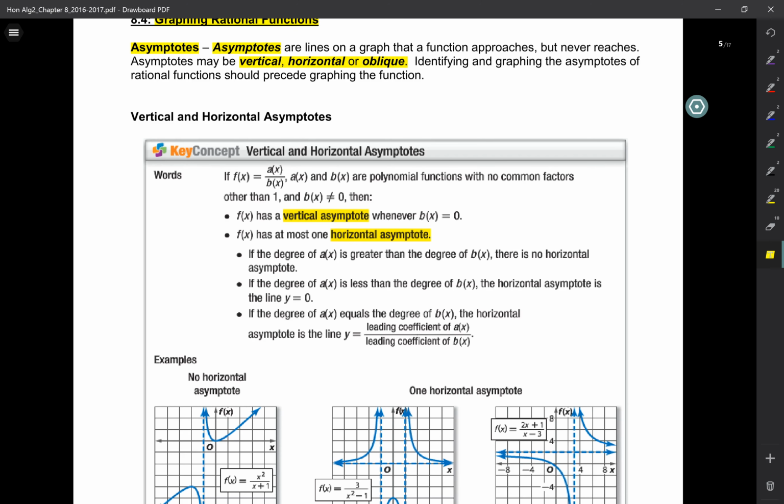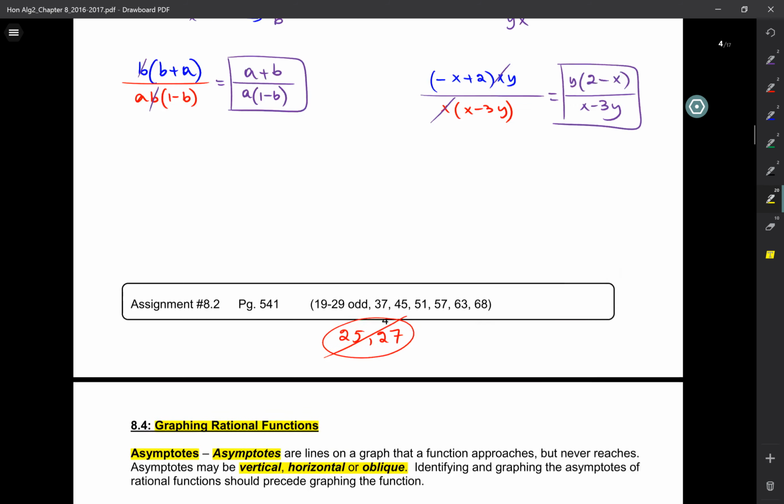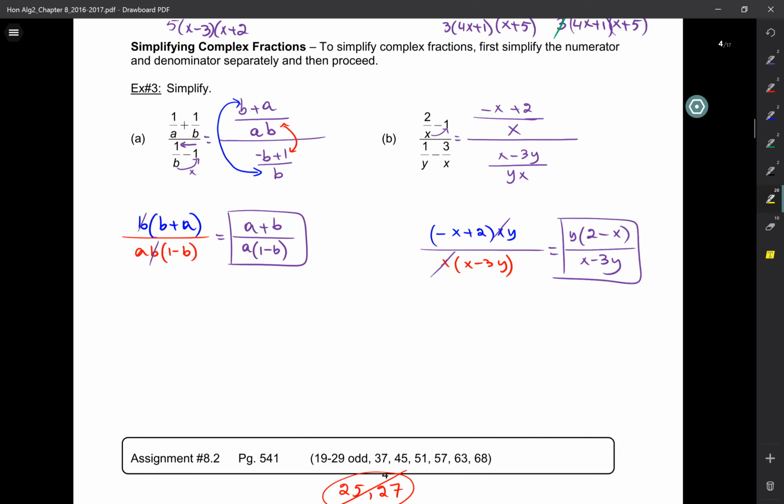Going back to what a rational function is, a rational function looks like this, where you pretty much have an expression in the numerator and you have an expression in the denominator. For example, up here, a plus b over a times 1 minus b. This is a rational expression, right? This isn't a function, but this is a rational expression.